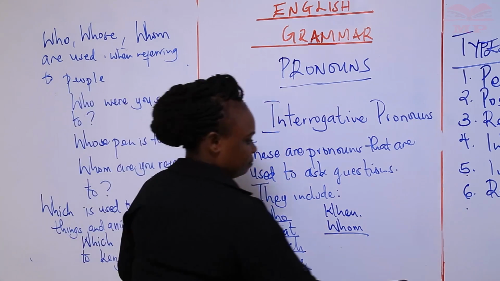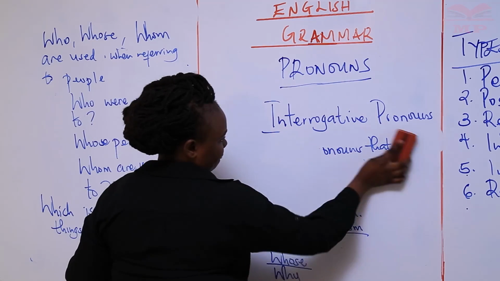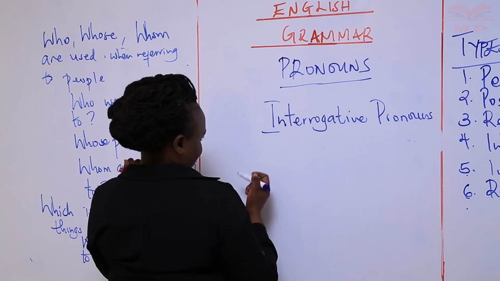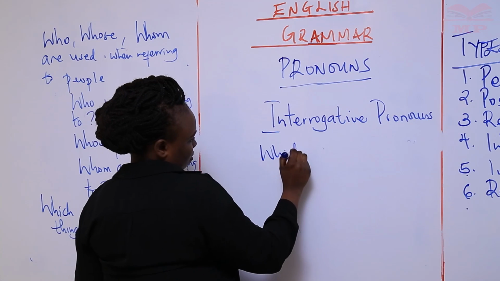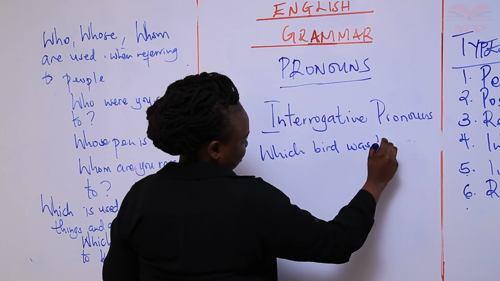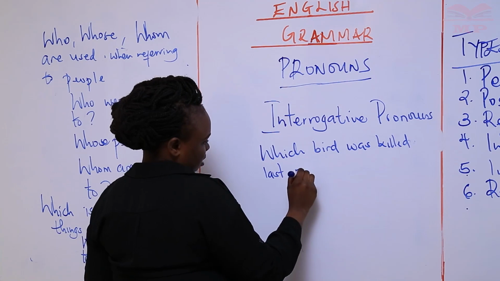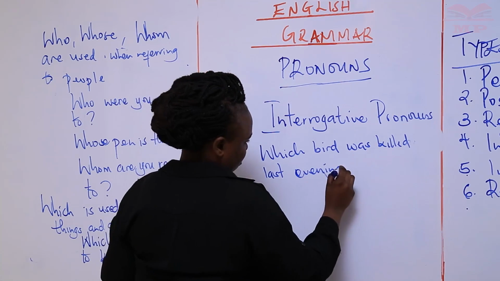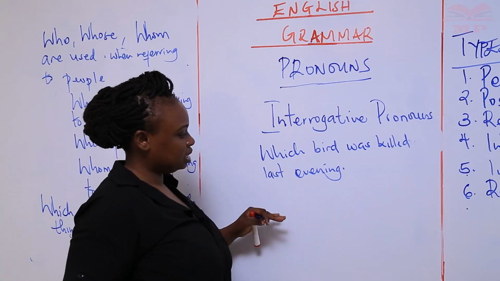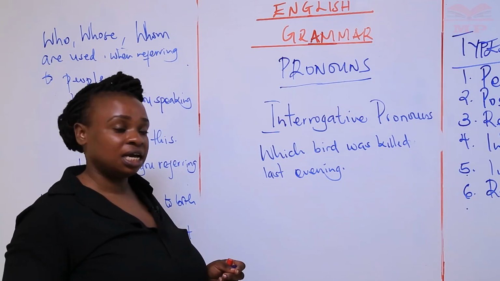Another example, which bird was killed last evening? Okay. Which country is next to Kenya? Which bird was killed last evening? So which can be used with both things and animals.